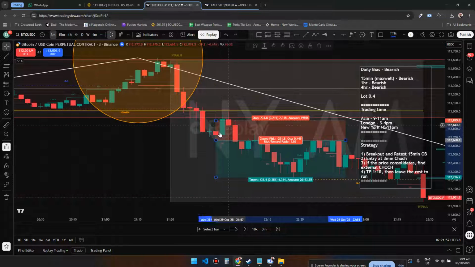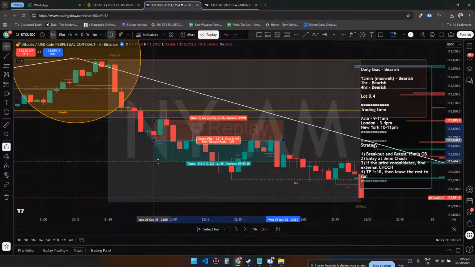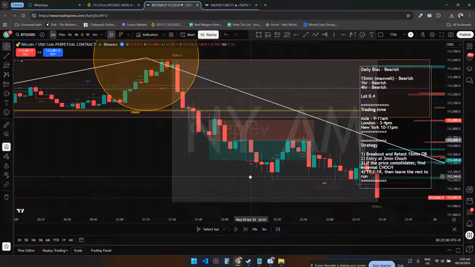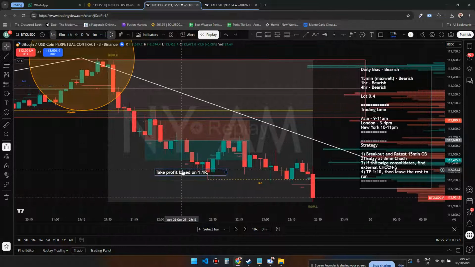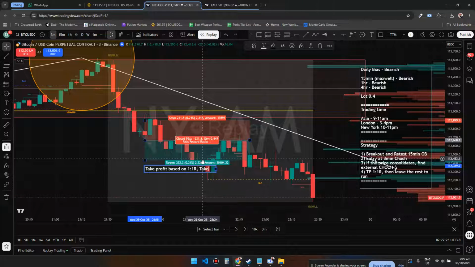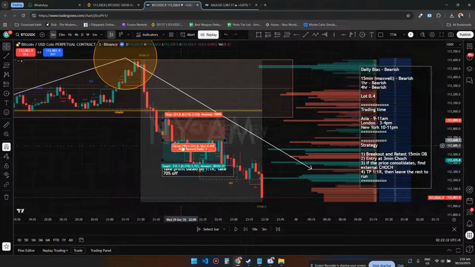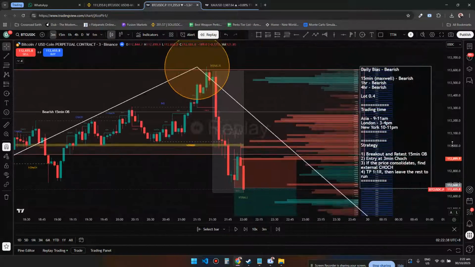Same thing, I will take profit based on a 1 to 1 risk ratio. And at this point, I think I took like 70% off. The reason why I took 70% off is the same thing, like volume delta.